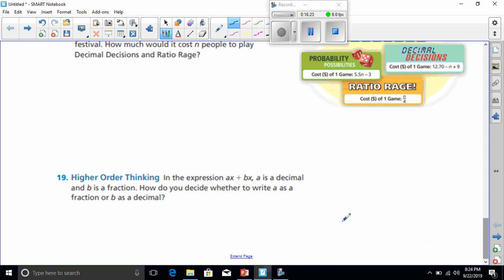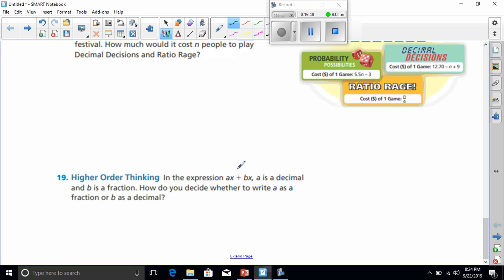All right, looks like I'm on the last one, number 19. Lucky for you, I've got the high order thinking question today. In the expression ax plus bx, a is a decimal and b is a fraction, okay? How do you decide whether to write a as a fraction or b as a decimal?